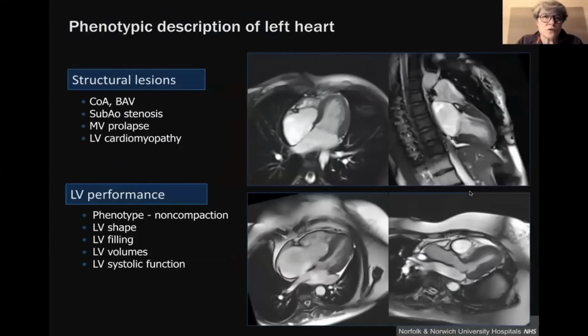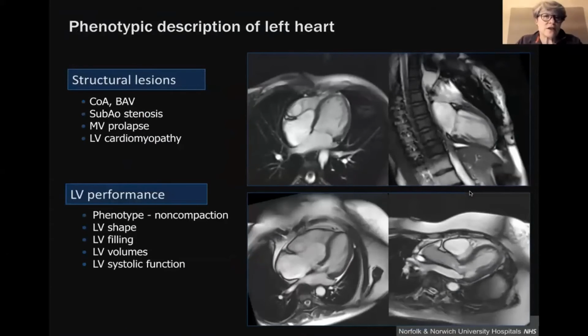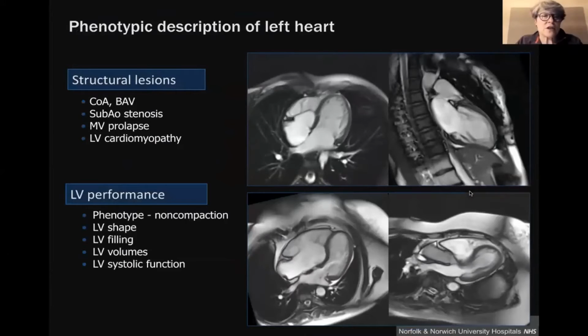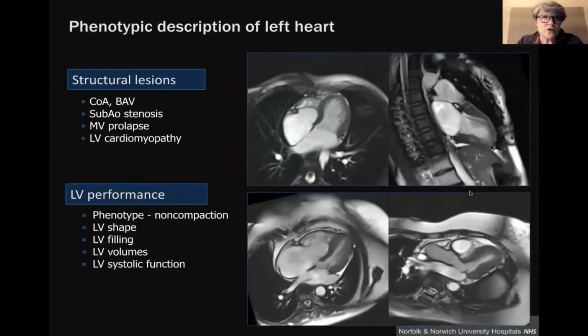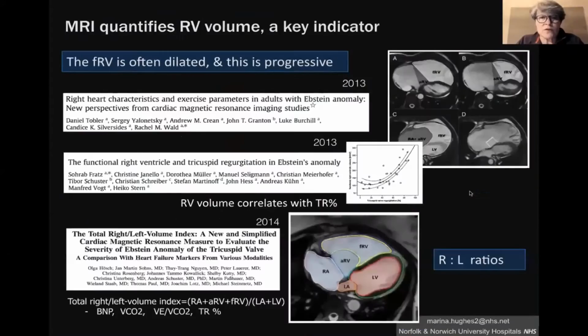And this is crucial, as well as characterization of the left ventricular parameters, including arch morphology and left ventricular function and volumes. And it's right ventricular volume, in fact, for patients with severe regurgitation that has proved a strong prognostic factor and correlates with neuroendocrine markers and also with objective exertional tolerance markers.